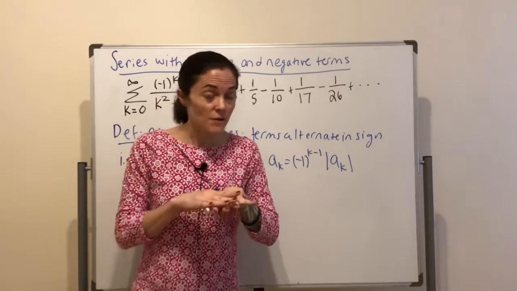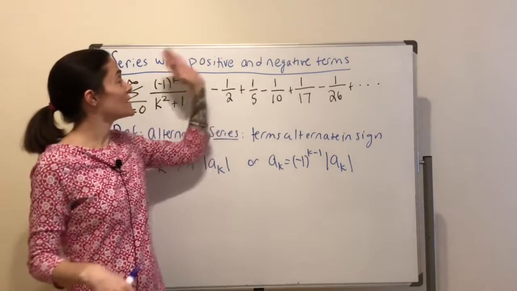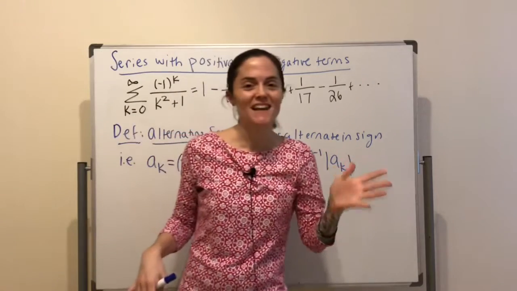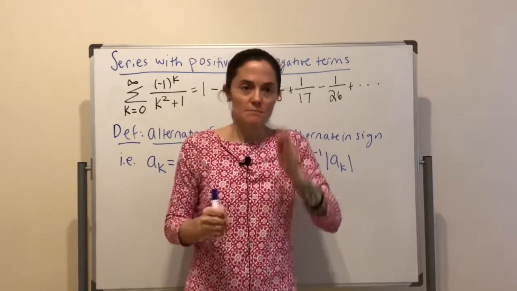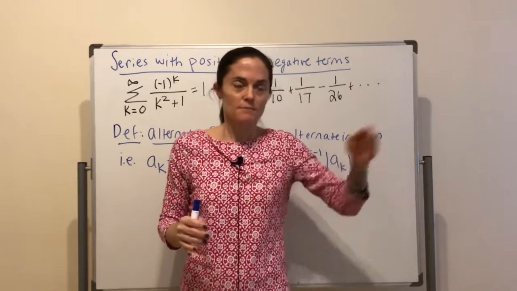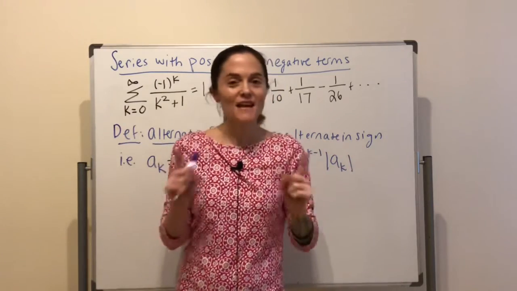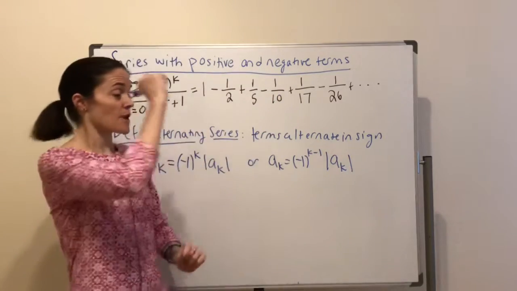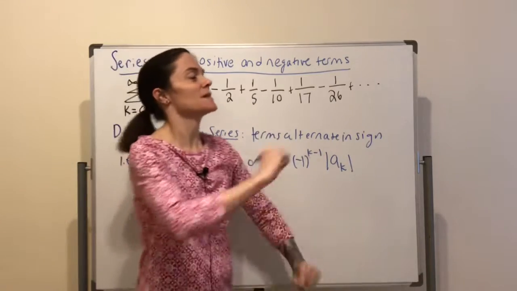If you have a series of all negative terms, well, certainly it would fall under this heading, but it's not alternating. If you have a series that goes plus, plus, plus, minus, plus, plus, minus, minus, minus, something like this, not alternating. Alternating series, every other term alternates in sign. So you go plus, minus, plus, minus, plus, minus.